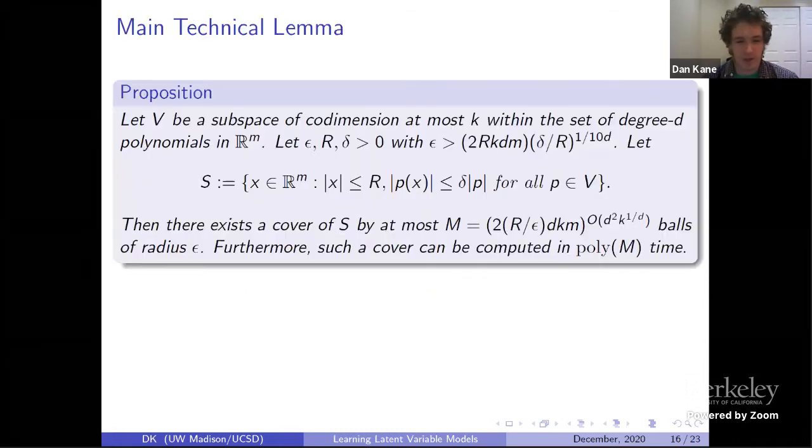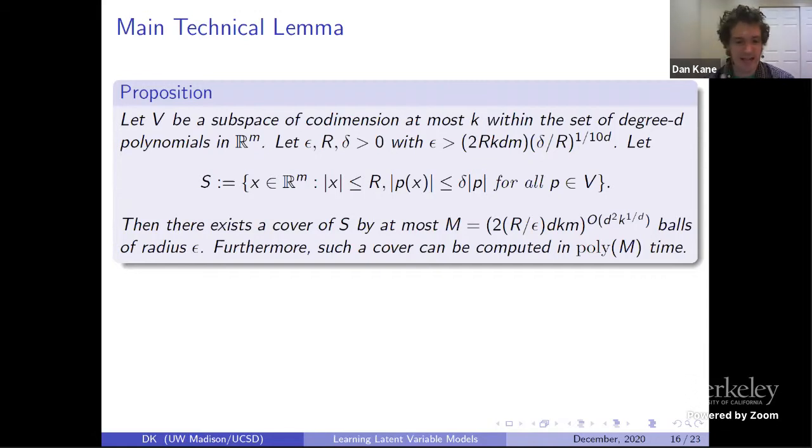And so the tool that makes this all happen is the following technical lemma. V is a subspace of codimension at most k within the set of all degree D polynomials in R^n. We've got some parameters, epsilon, r, and delta, that have some relation to each other.